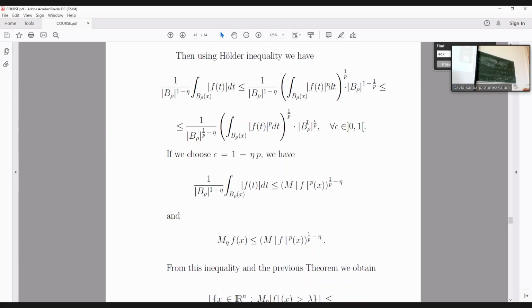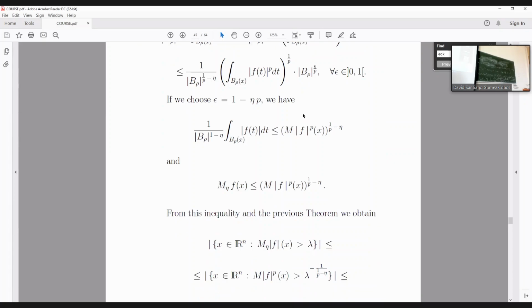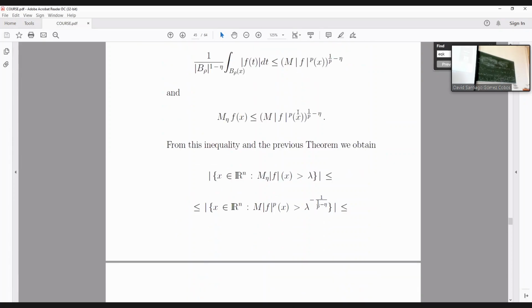So from this inequality and the previous theorem, we have that the measure of the set of x in Rn such that m eta f is more than lambda is, of course, less or equal the measure of the set where the function in the second member, m of f^p, is more than lambda with exponent minus 1 over p minus eta.